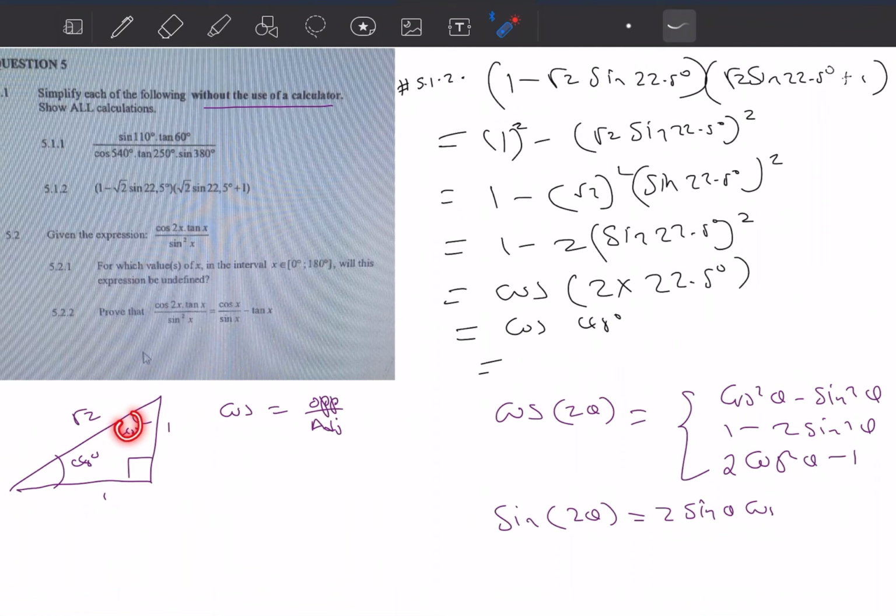Whether you look at this 45 or that 45 doesn't matter. Let's look at this 45. The opposite side of 45 is 1. The adjacent side of 45 is 1. So cos is going to be 1 over 1, opposite over adjacent, and this is just 1. So cos 45 is 1.